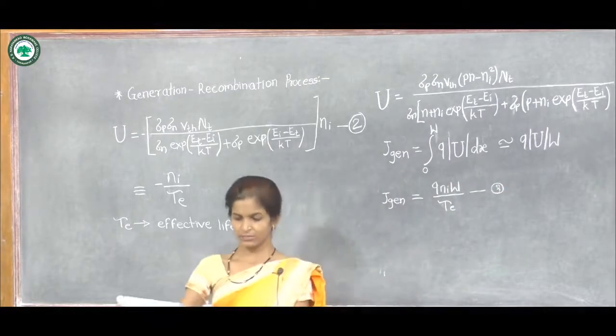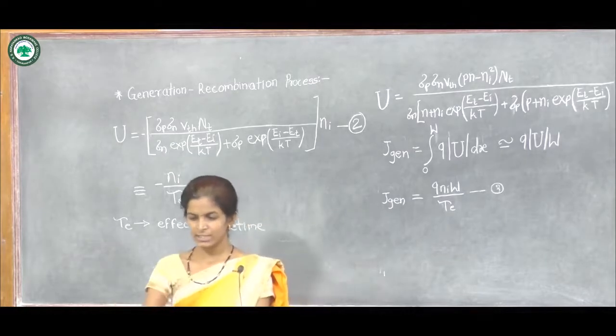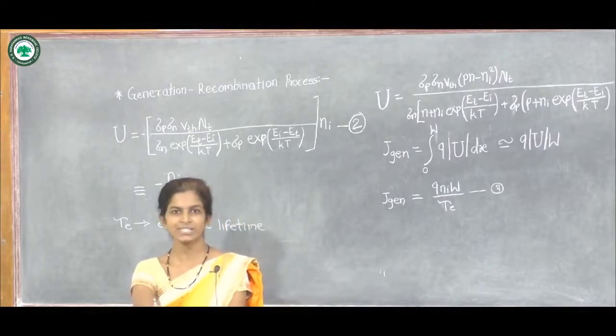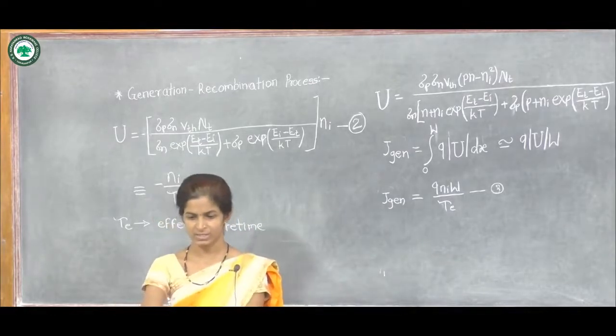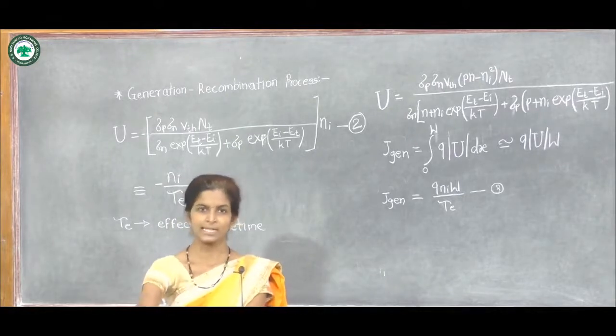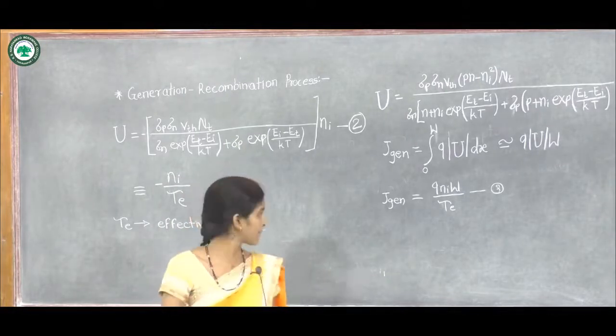This equation number 3 gives the current due to generation in the depletion region, where W is the depletion region width.